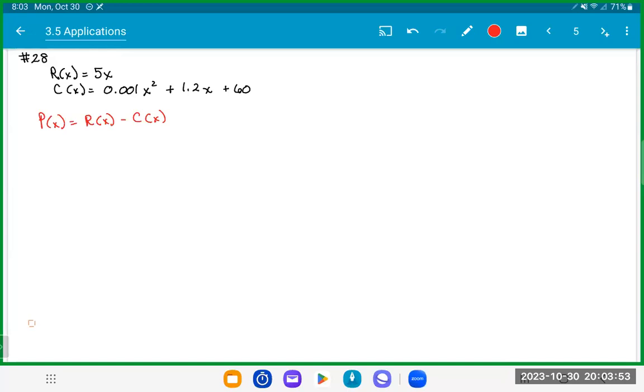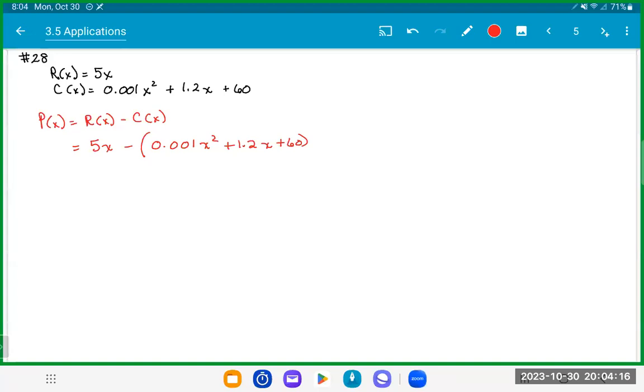So let's figure out what our profit function is. So that is 5x minus 0.001x squared plus 1.2x plus 60. So we have to distribute this negative here to the entire cost function.